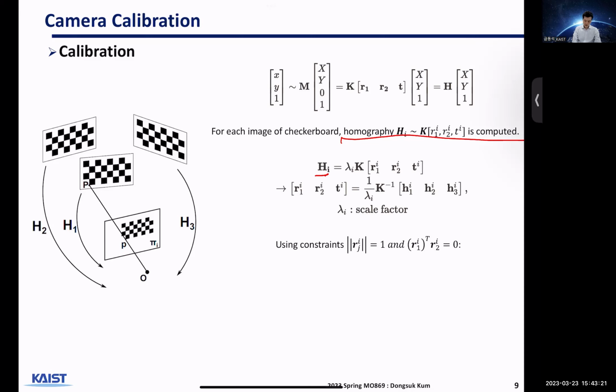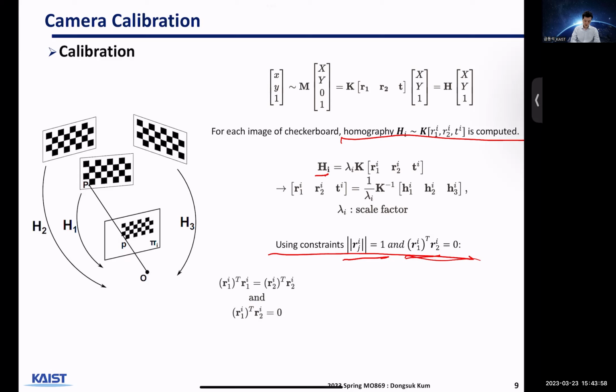And using these constraints, so the norm of Ri equals 1, and Ri1 transpose Ri2 must be equal to 0. So this is a dot product, and this means that the vectors have to be unit vectors, and they need to be orthogonal.